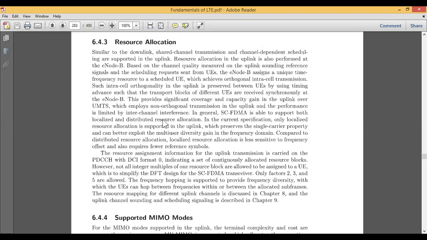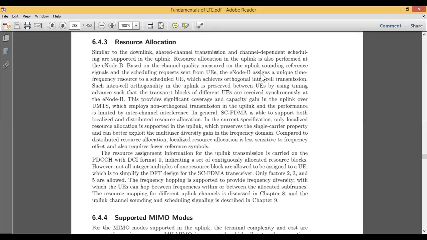There is one more important topic in the resource allocation. It says that the significant coverage and capacity gain in the uplink over UMTS employs non-orthogonal transmission. What we see in OFDM is that they are all orthogonal, but here the transmission makes use of non-orthogonal transmission during the uplink mechanism. If we do non-orthogonal, then the performance can be limited.